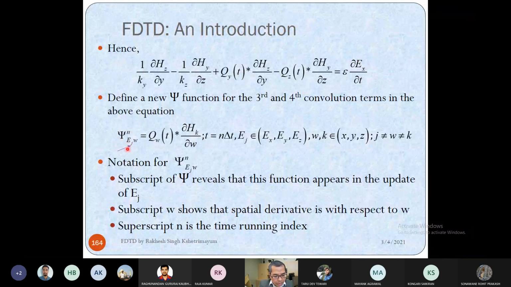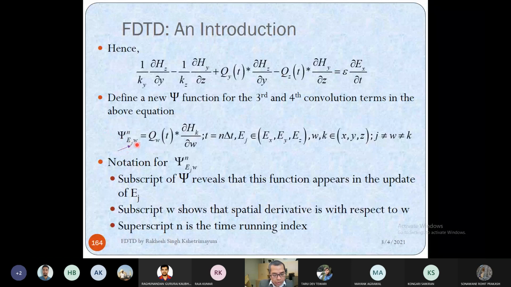The j term signifies why we are using this psi. If we are using this psi for calculating Ey, then it will become psi Ey. If we are using it for calculating Ez, then it will become psi Ez. So this Ej signifies which electric field component we are calculating, and the psi function is used for calculating the Ej component of the electric field.